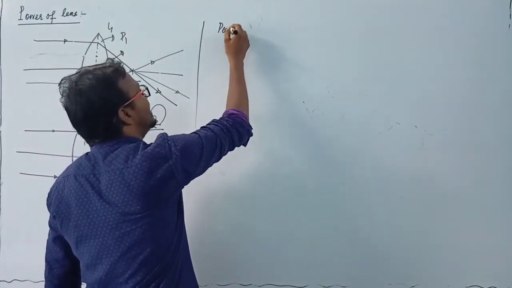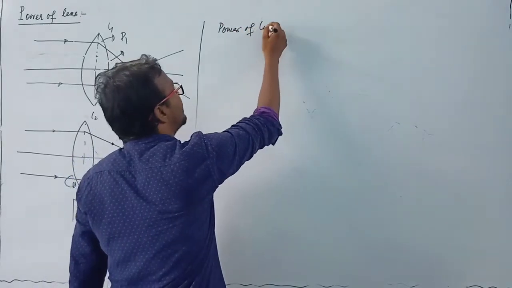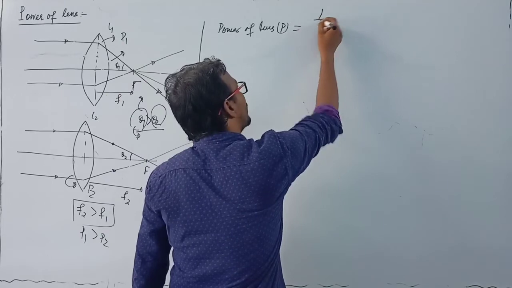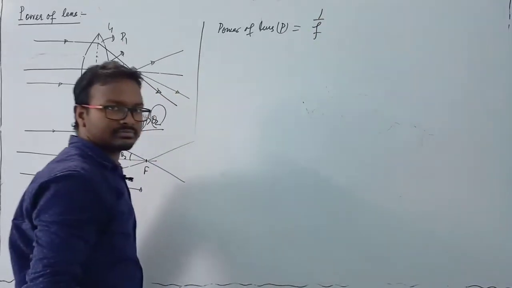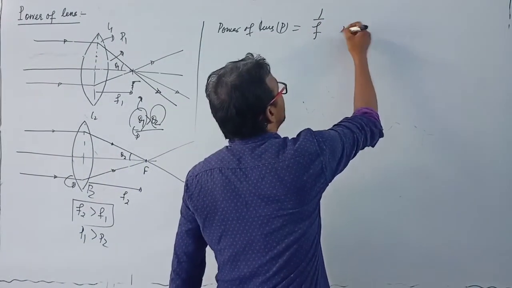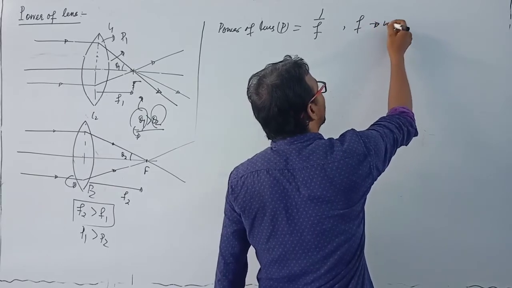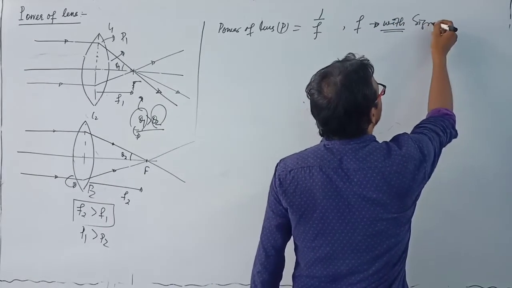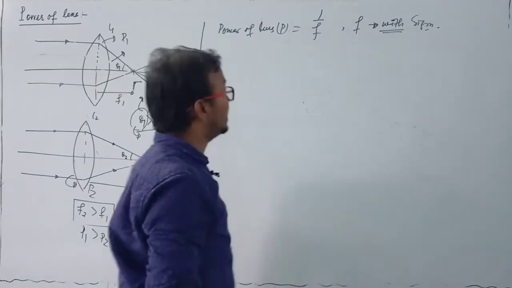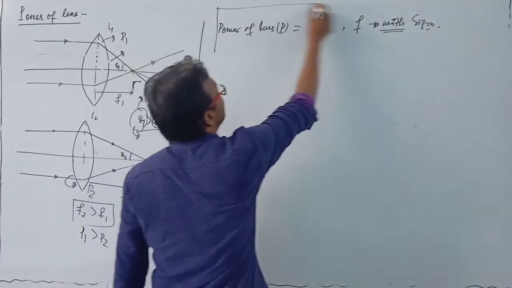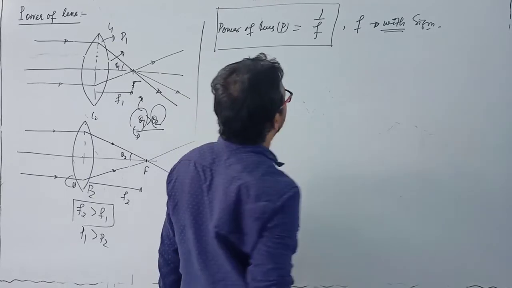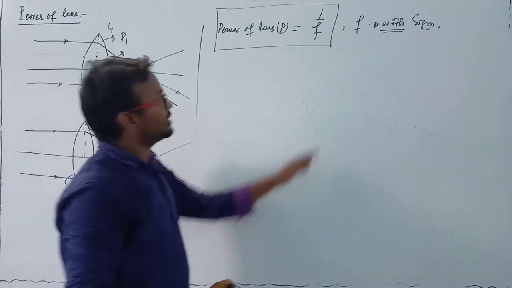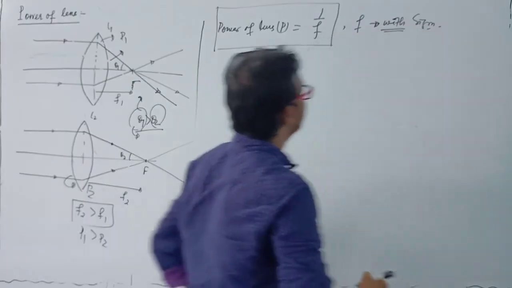The power of a lens P can be written as 1 by F, and you have to use F with sign. This is the formula of power: the reciprocal of the focal length of a lens is known as the power of the lens, and you have to use focal length with sign.